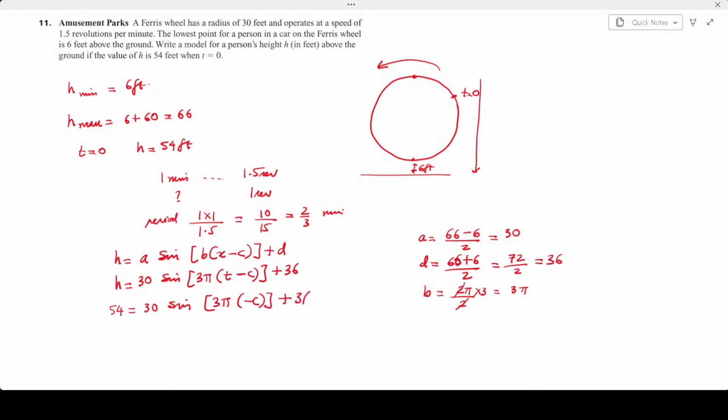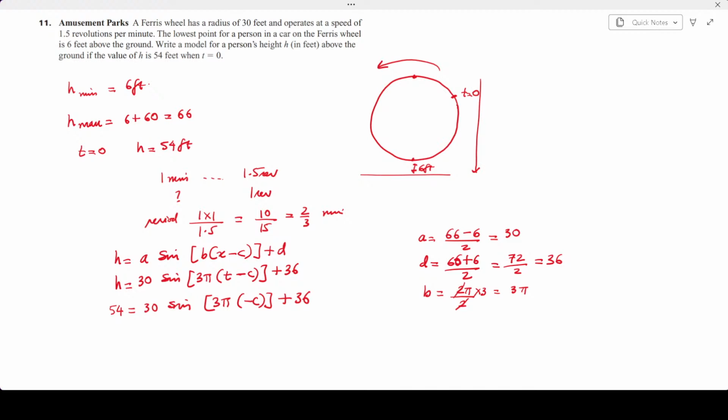Use your calculator and solve to get this.